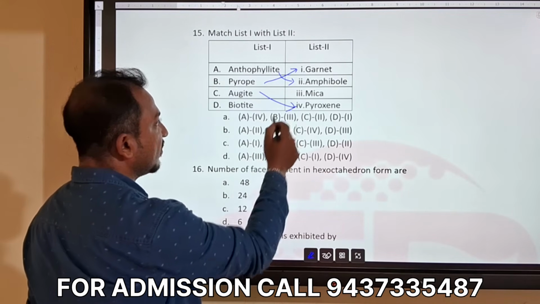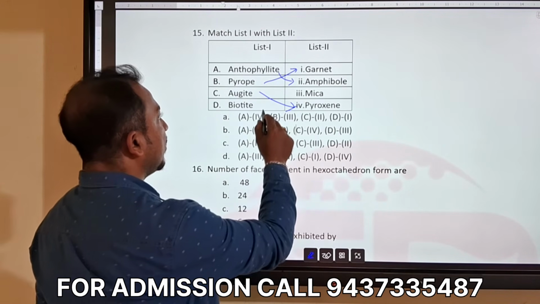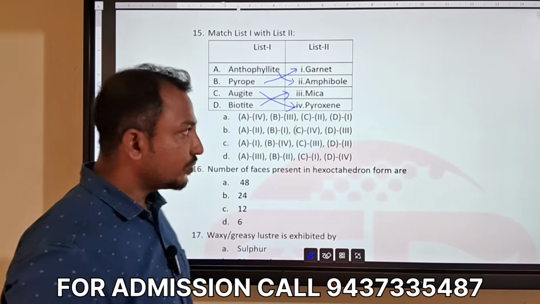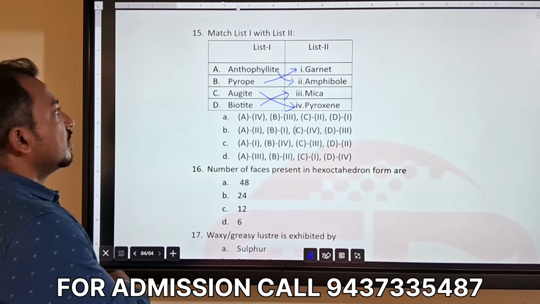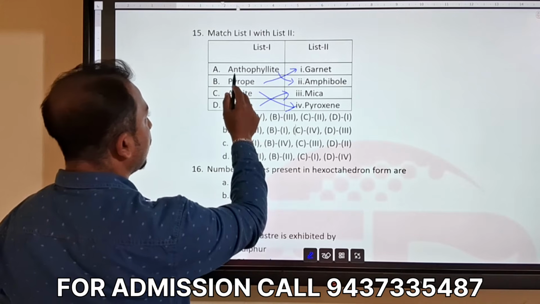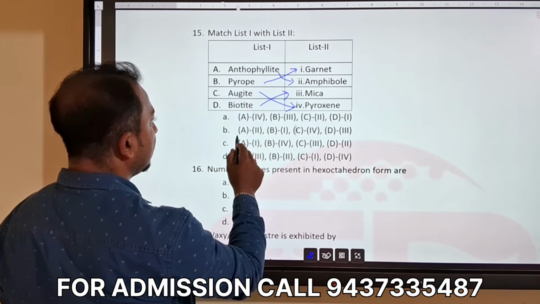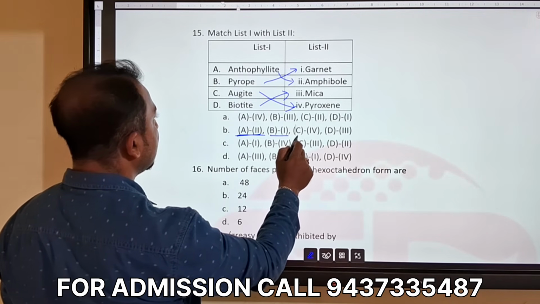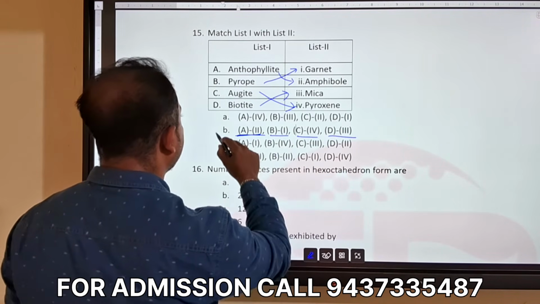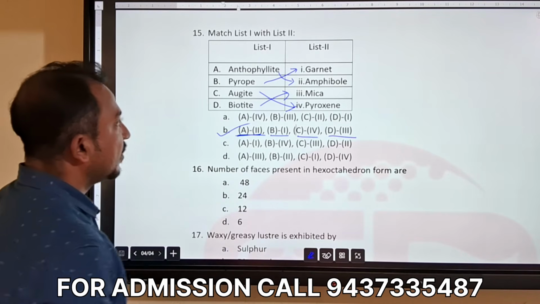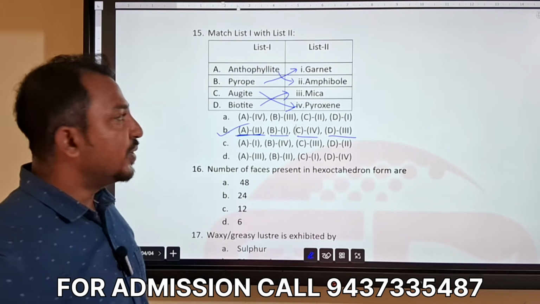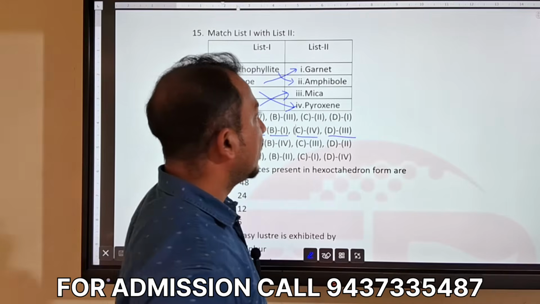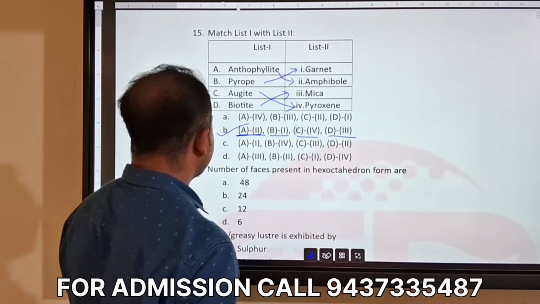Augite, you know, is a clinopyroxene. Biotite belongs to the mica group. So A is 2, B 1, C 4, D 3. Option B will be correct. So you have to remember all the mineralogy of mineral groups, then you can easily solve this.